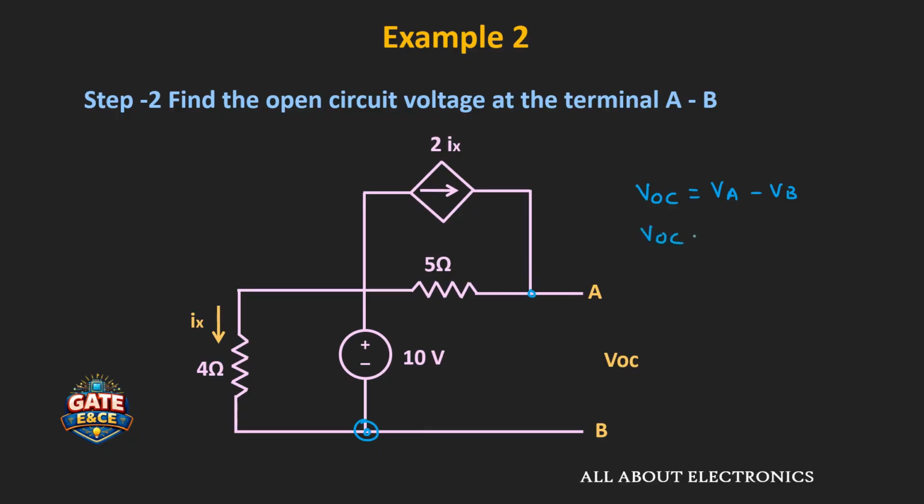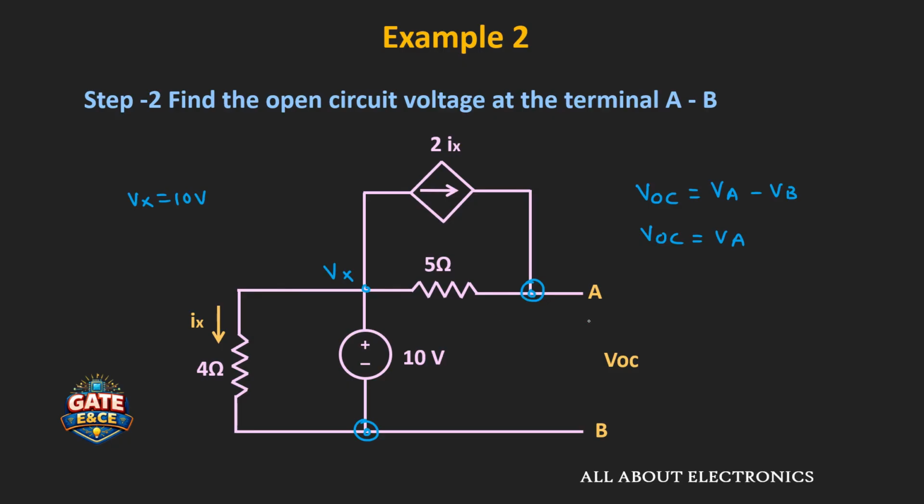That means voltage VOC is equal to VA. That means to find this open circuit voltage, we need to find the voltage at this node. So here, let's say this node is X and the voltage at this node is equal to Vx. And clearly if you observe, this voltage Vx is equal to 10 volt, right?